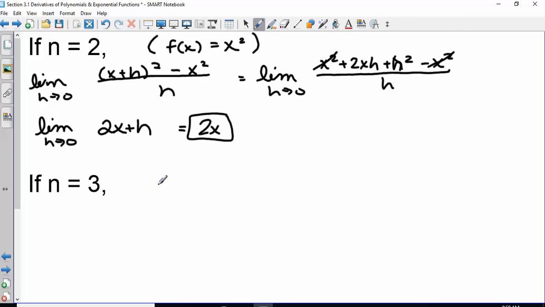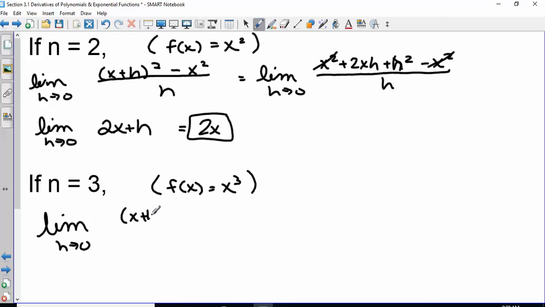Let's look at the case when our power is 3. So that's like saying your function is x cubed. So you have the limit as h approaches 0 of x plus h cubed minus x cubed over h. If you write that 3 times and FOIL, can I just tell you what you get?